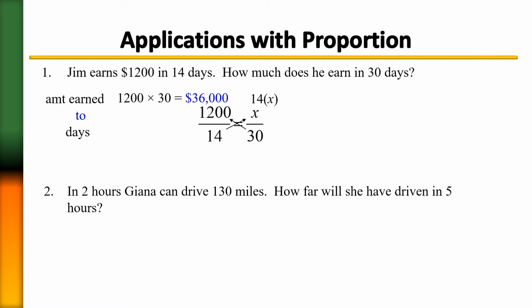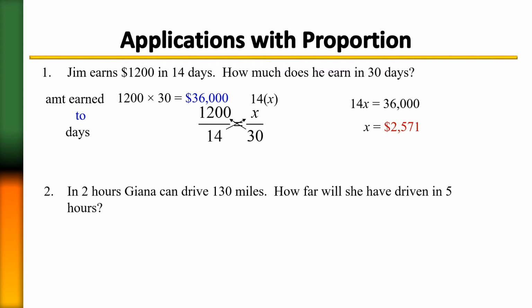So I have 14x on one side and 36,000 on the other. Last step to solving this equation is to do what? That's correct. Divide both sides by 14 and x equals $2,571, and that is the amount he will have earned in 30 days.